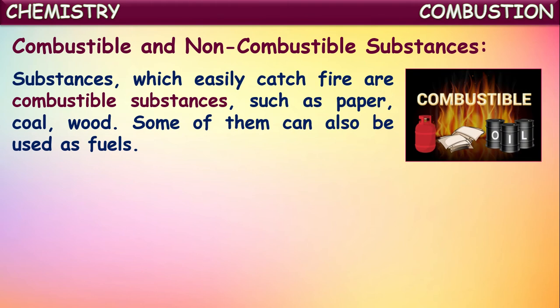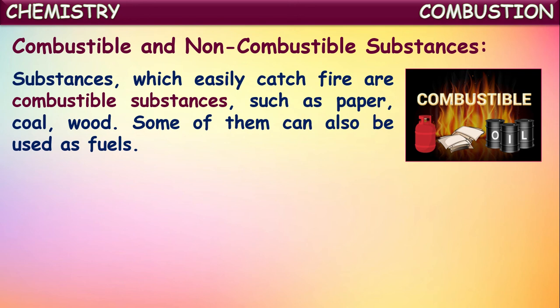These all come under combustible substances because they can catch fire very easily. Some of these can also be used as fuels. Not all combustible substances can be used as fuels, but some of them can be. Some of those combustible substances we are now using as fuels.